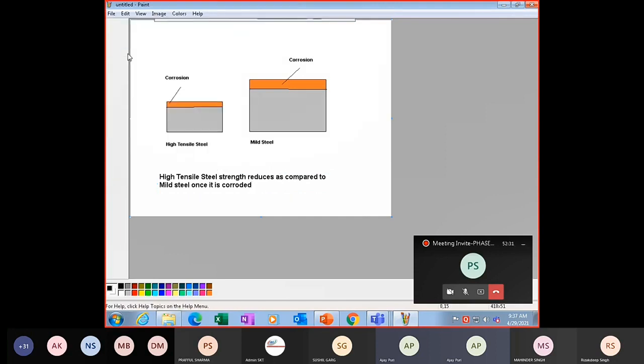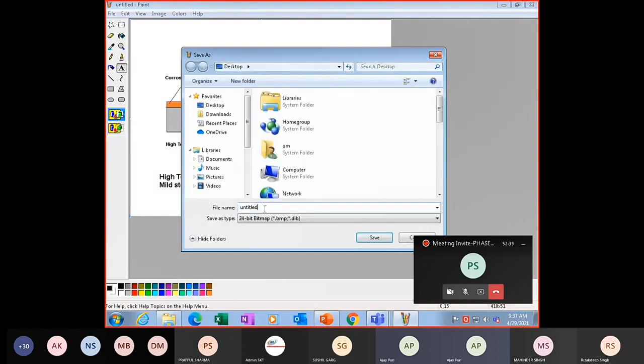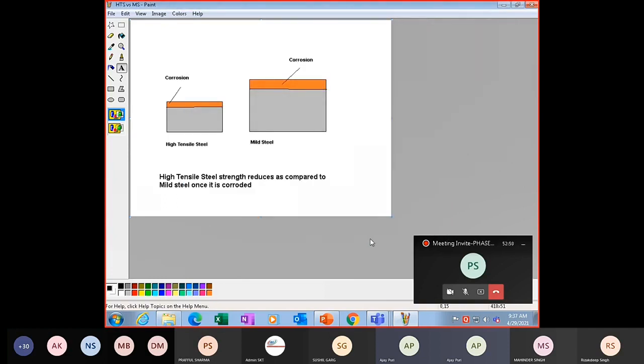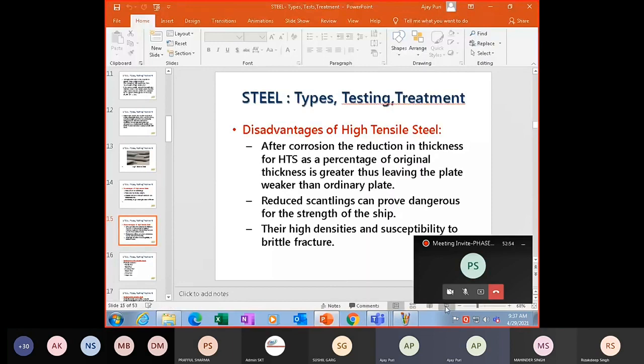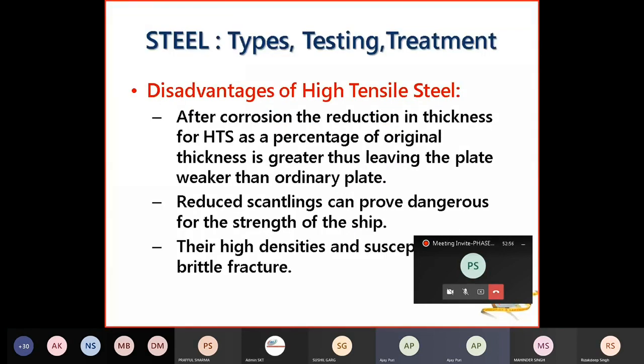So this is one of your disadvantages of high tensile steel. So after corrosion, there's a reduction in thickness.